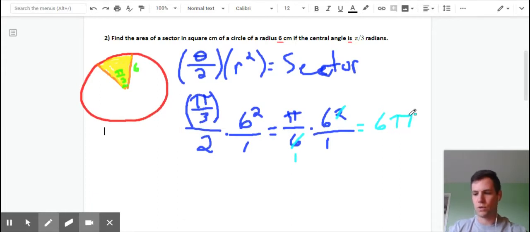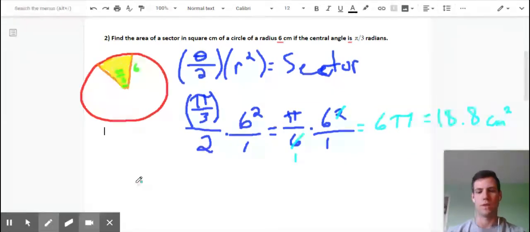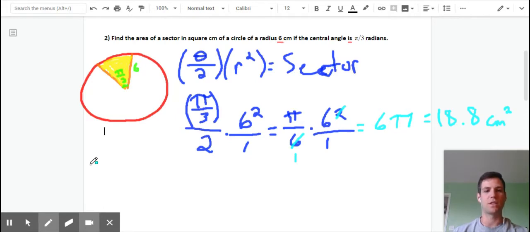And if you check that in a calculator, 6 pi ends up equaling about 18.8 centimeters squared. And that gives us the answer we were looking for in this problem. And that finishes this video on arc length and sector areas using both degrees examples and radians examples.